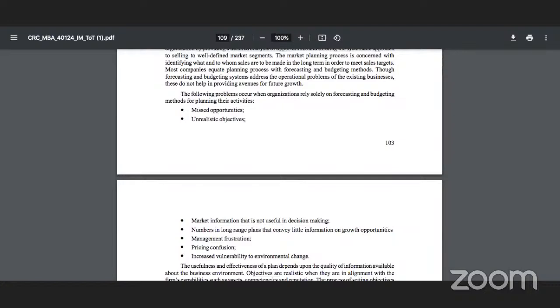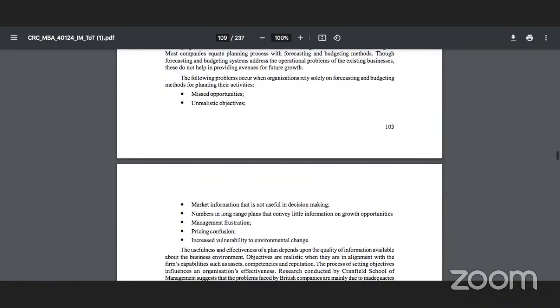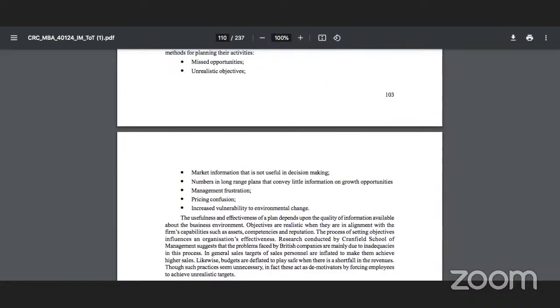One is missed opportunities. Second is unrealistic objectives, where you are setting for yourself goals which cannot be reached easily or cannot be reached at all because of certain market or legal or judicial constraints.